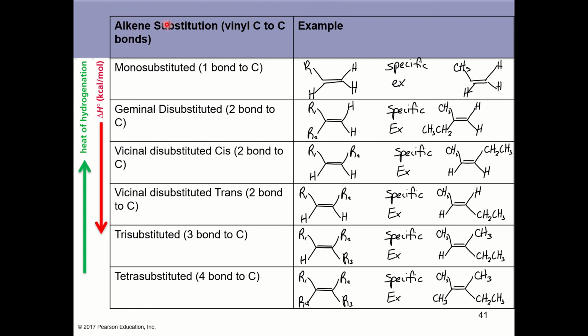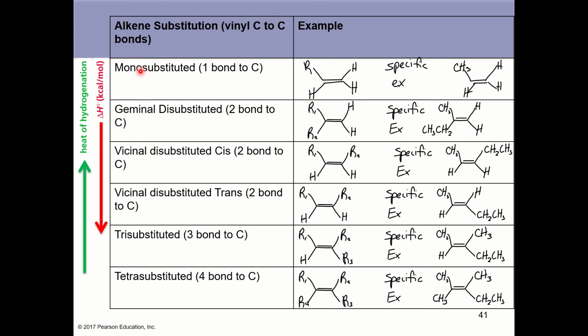Alkene substitution, what we mean by alkene substitution is the vinyl carbon to carbon bonds. So vinyl carbon being a carbon that is part of the double bond, how many bonds does that carbon have to other carbons? And we're only counting single bonds to carbon.